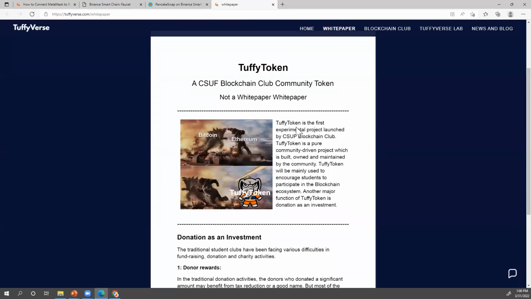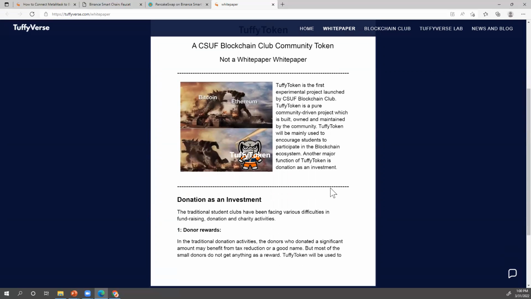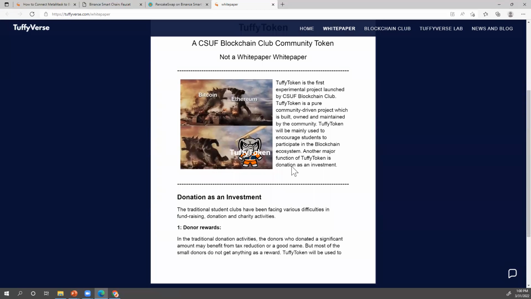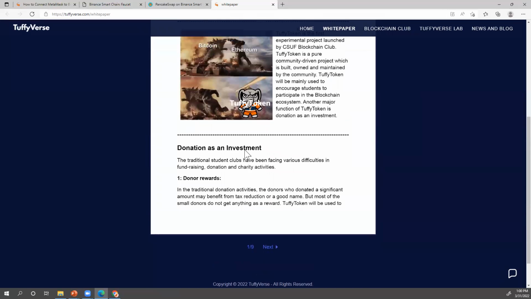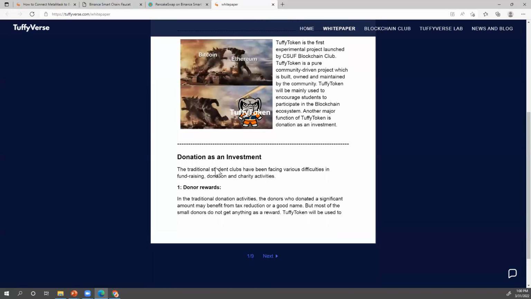Taffy Token is the first experimental project launched by the club. This token is mainly used to encourage students to participate in blockchain. Another major function is donation as an investment. So what is donation as an investment? The traditional student club has some difficulties in fundraising.